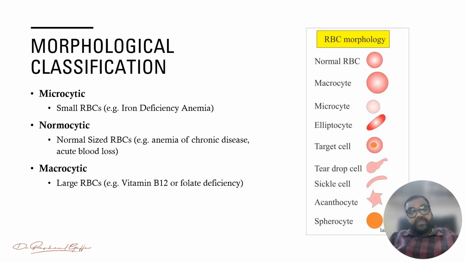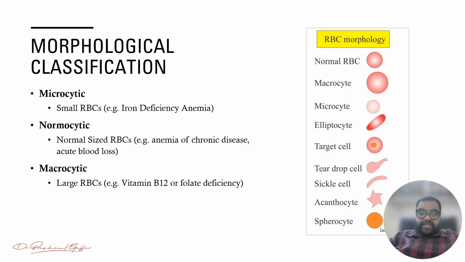Right, normocytic, the size of the RBC will be normal. So in anemia of chronic disease and acute blood loss, the RBC size will be normal, but the RBC count is low due to the blood loss or some chronic disease, right? Others are macrocytic, where the RBC size will be large, like in vitamin B12 deficiency or folate deficiency. So these are the morphological classifications.